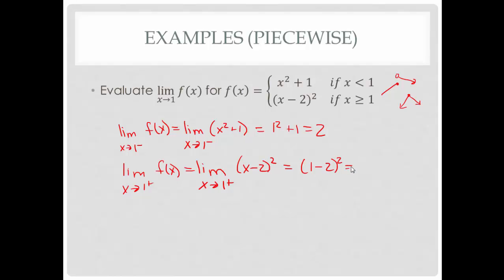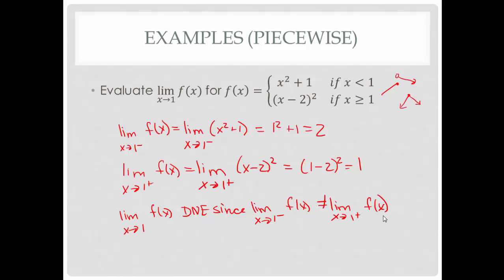That's negative 1 squared, also known as 1. Do your left limit and your right limit match? No. So therefore, the limit as x approaches 1 on this function does not exist, since the limit as x approached 1 from the left on my function did not match the limit as x approached 1 from the right on my function.